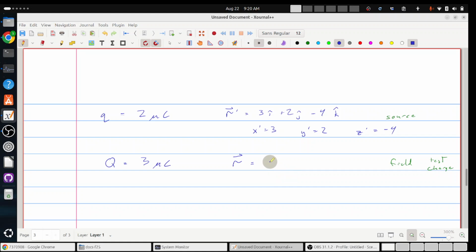I'm going to make it 1 i hat plus 3 j hat plus 0 k hat. Which means that x is equal to 1, y is equal to 3, and z is equal to 0.